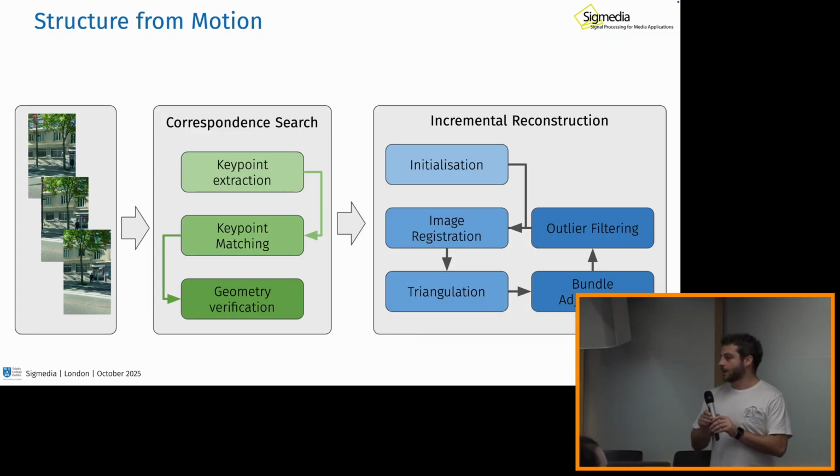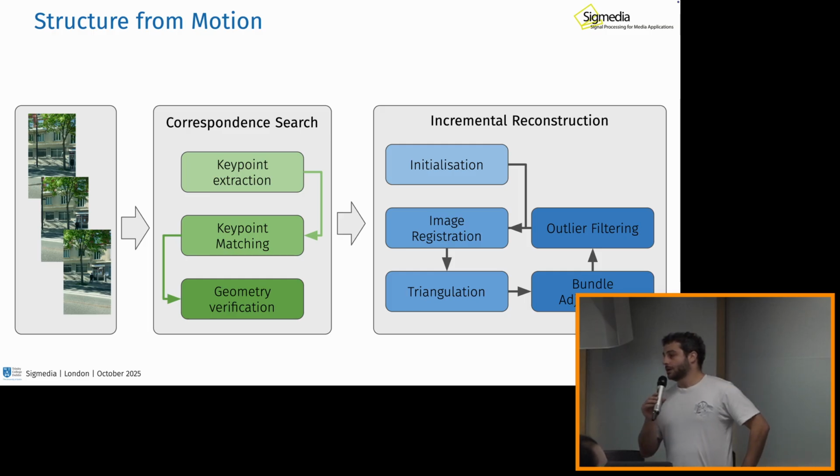So that's a really classical pipeline for structure from motion. On the left, you have the inputs, the frames, the correspondence search, which is the key point extraction and key point matching, and the incremental reconstruction.